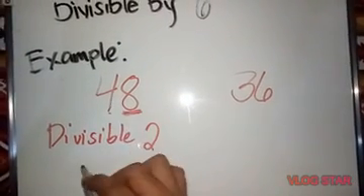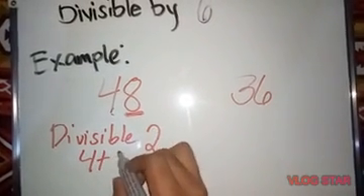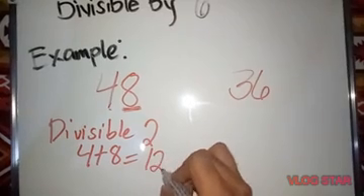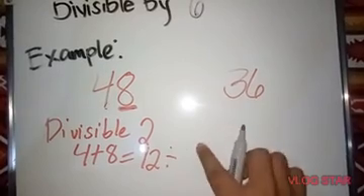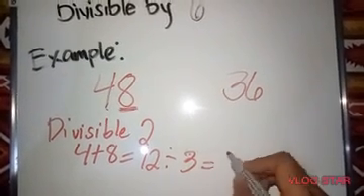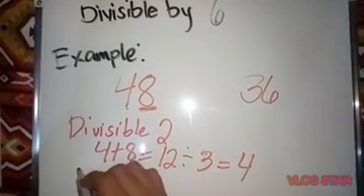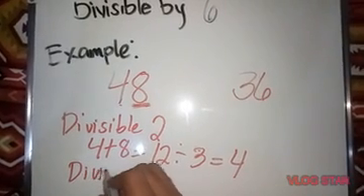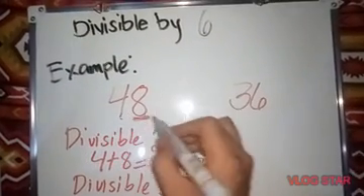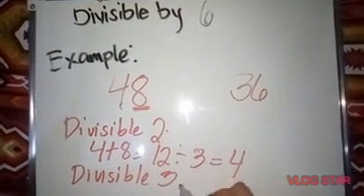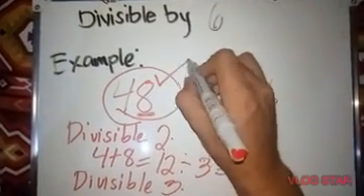Then let's add for the divisibility rule of 3. 4 plus 8, the answer is 12, divided by 3, the answer is 4. Meaning to say, it is divisible by 3. Since 48 is divisible by 2 and divisible by 3, 48 is divisible by 6.